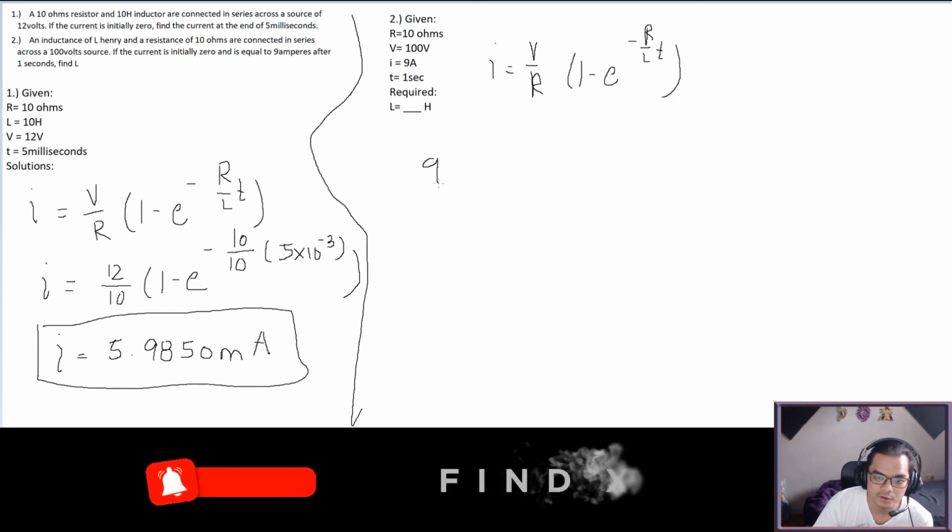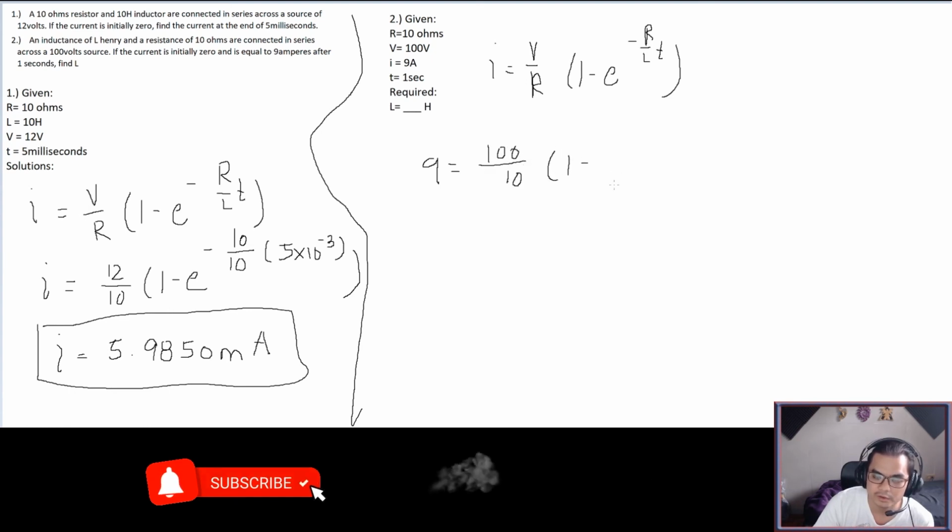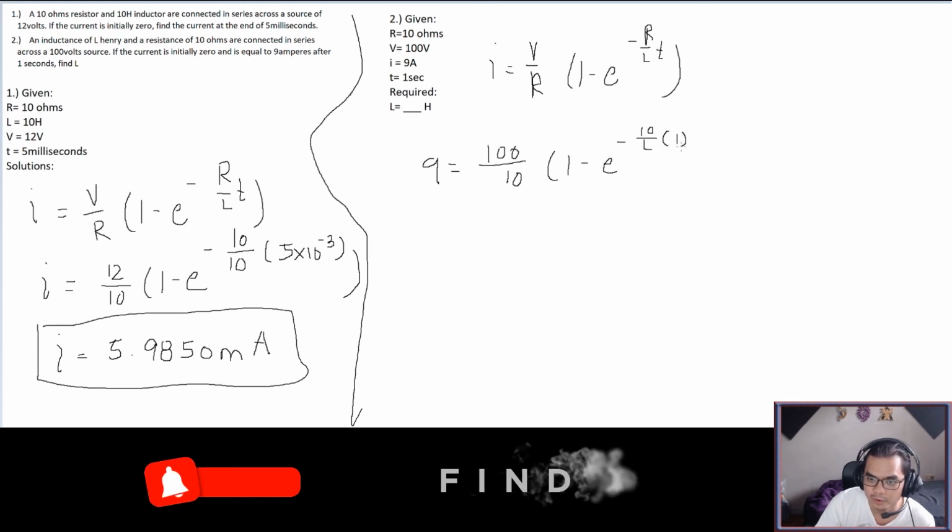So we have I is equal to 9, equal to V is 100 over 10, that's R, times 1 minus e raised to negative R is 10 over L. L is the one that we are looking for, and then T must be equal to 1.